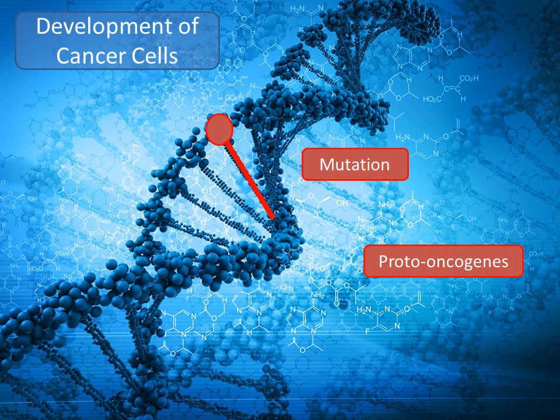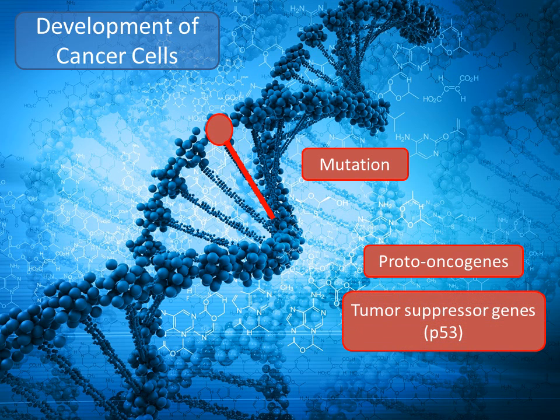If this is mutated, then this will be called oncogenes. The second class of genes involved in cellular transformation are called tumor suppressor genes, because they encode proteins that prevent the unwanted proliferation of mutant cells.